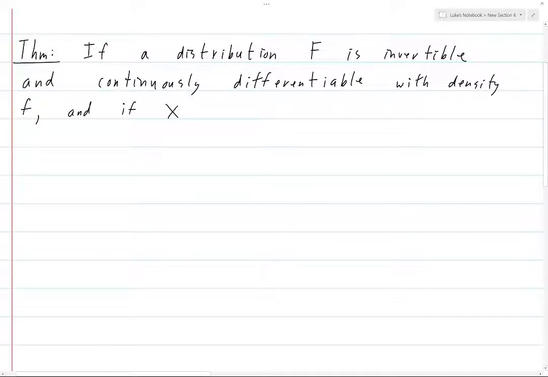We have this distribution F, and we want it to be the distribution of some random variable. So we let X be this random variable which has distribution F.